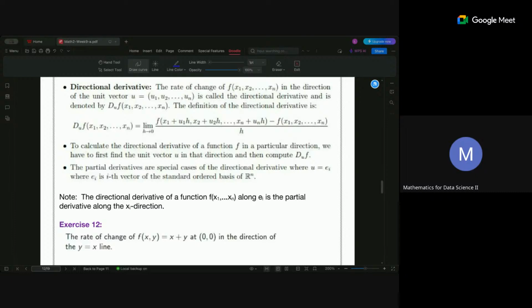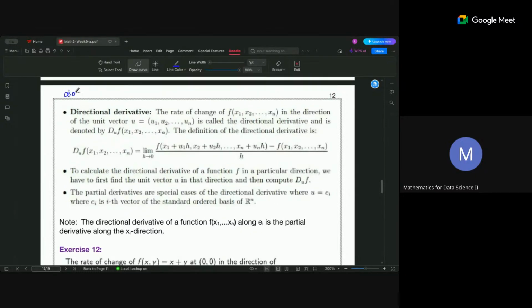So that particular direction, what is the unit vector you need to know to find the derivative? That's all. So for example, along the x-axis, what is the unit vector? (1, 0). Along y-axis, what is the unit vector? (0, 1). So in that case, along x your u is e1, right?